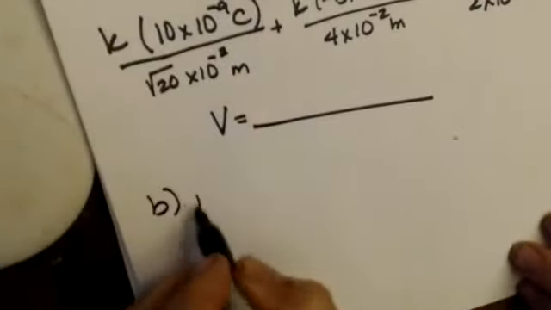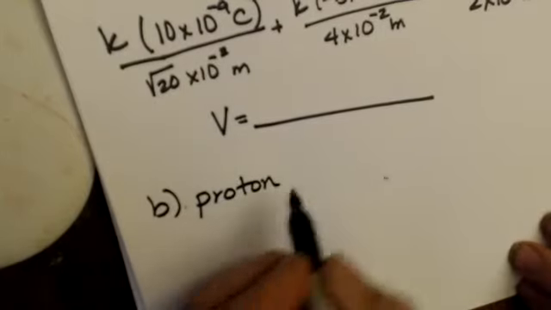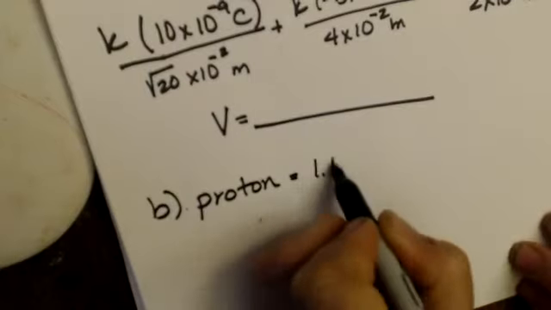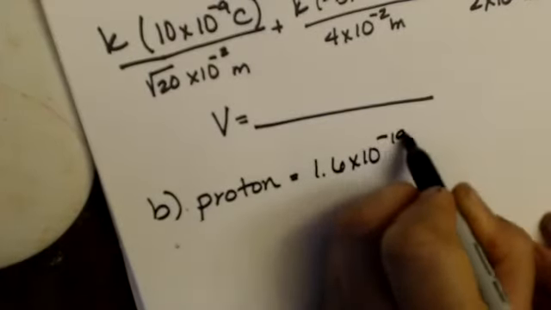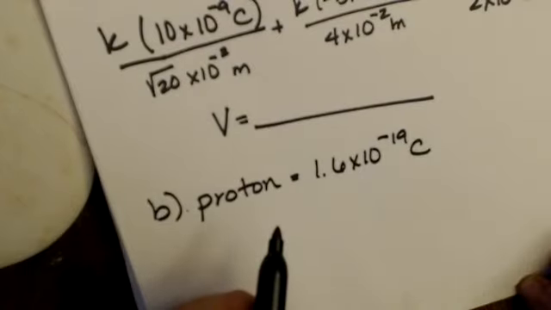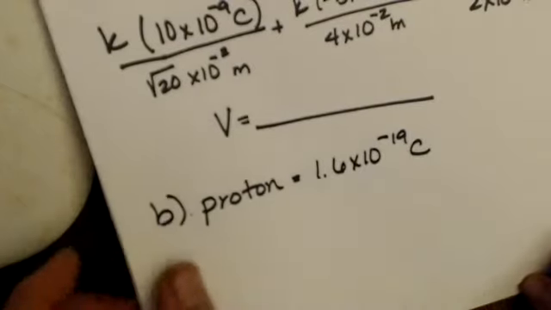Now, part B wants to know the potential energy of a proton at point A. A proton has a charge of 1.6 times 10 to the minus 19 coulombs, because it's the same as the charge of an electron, it's just positive. And I expect y'all to know that.